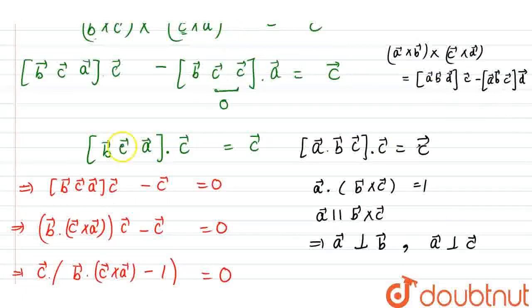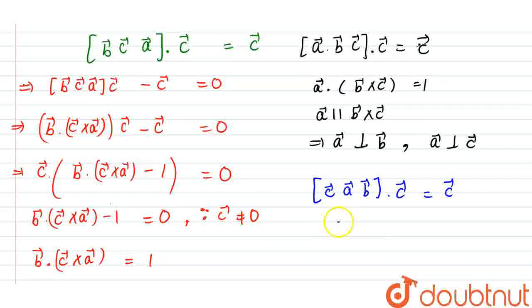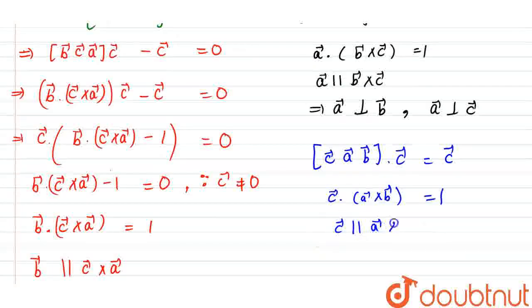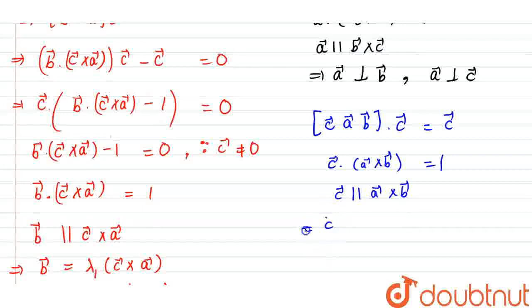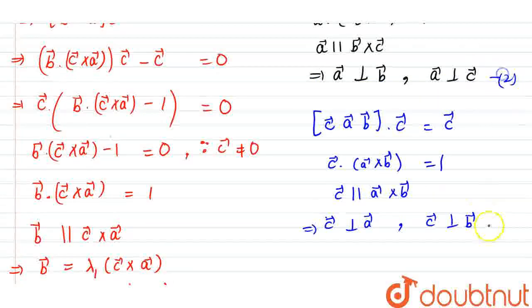And similarly, since BCA can be written as ABC, which can be written as CAB, CAB dot product with C will give C dot A cross B is equal to 1, and thus C vector is parallel to A cross B, and this implies C vector is perpendicular to A as well as perpendicular to B. So if we look at the conditions that we have, this is 1, 2 and 3.